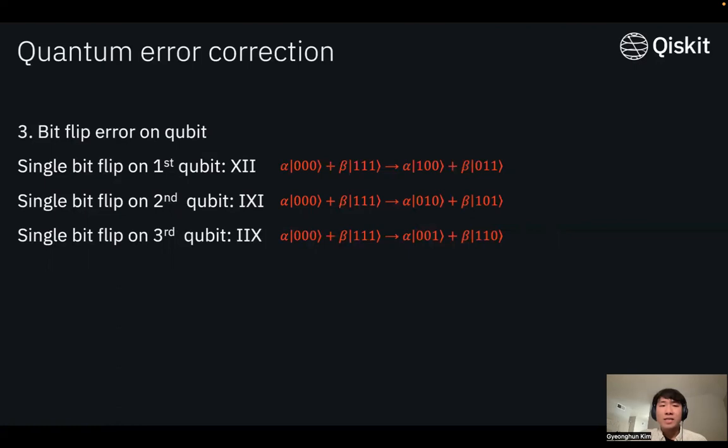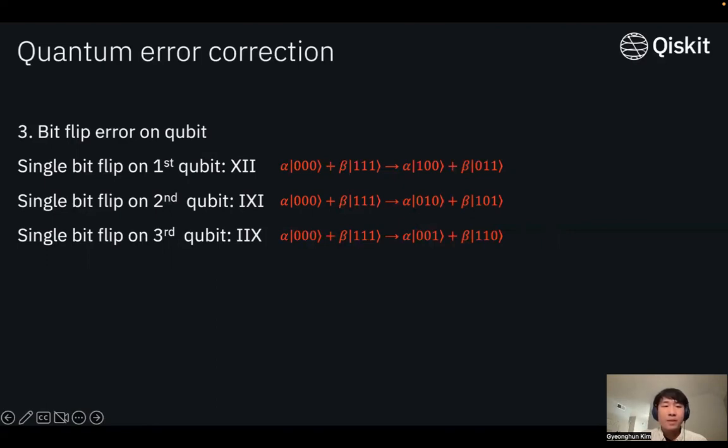So what is a bit flip error in a qubit state? If we assume a single bit flip error on the first qubit, then it is the same as applying an XII gate on the qubit state. So alpha 000 plus beta 111 state will be changed into alpha 100 plus beta 011 state.